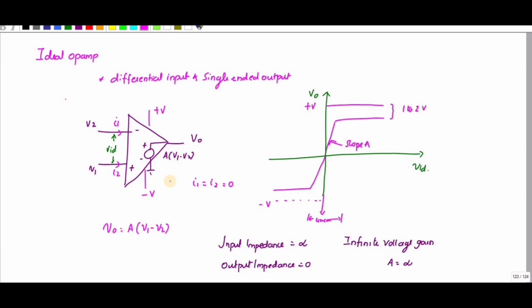Since the voltage between the inverting and the non-inverting terminal is essentially 0 for a finite output voltage, the output voltage V0 is independent of the output current drawn from the op-amp, since the output impedance is equal to 0.